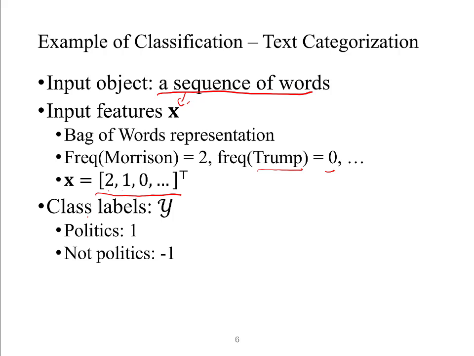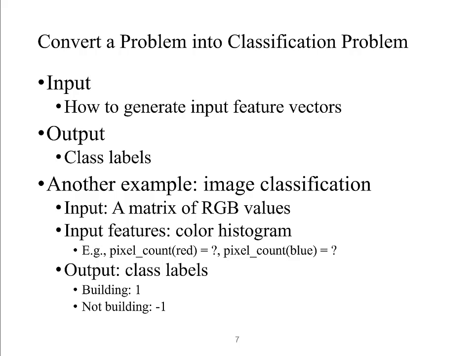And the class labels would be this big Y. So you assign 1 to politics, and -1 or 0 to not politics. So to summarize this again, you need to always remember, given a problem, when you convert it into a classification problem, you need to know what is input and what is output.